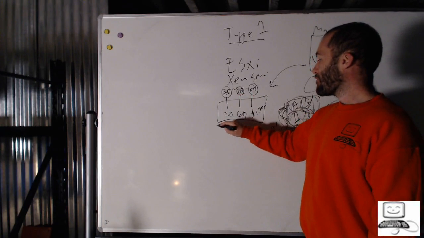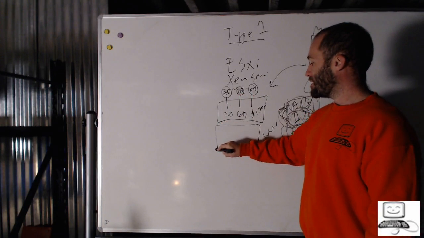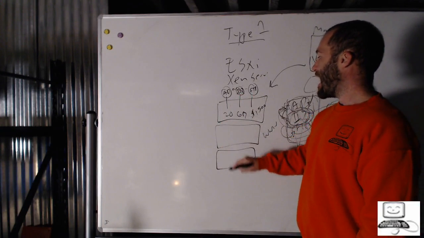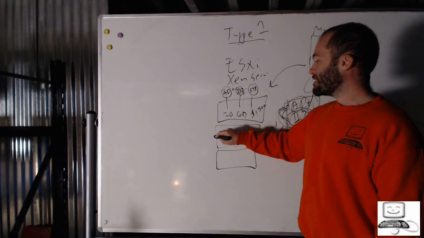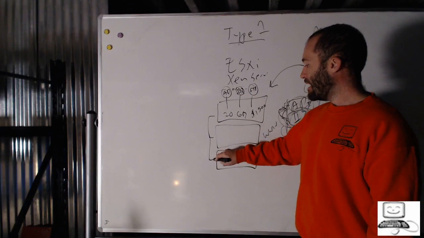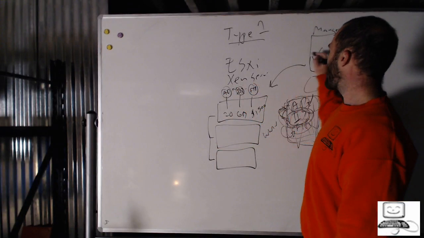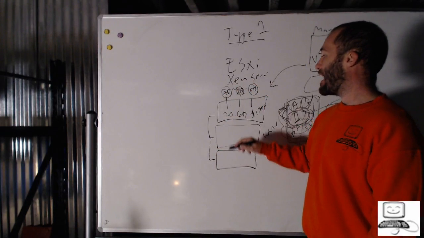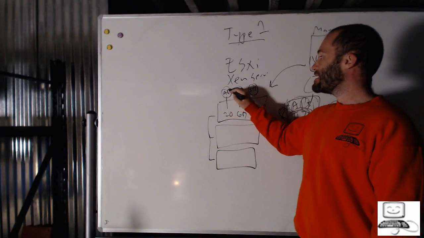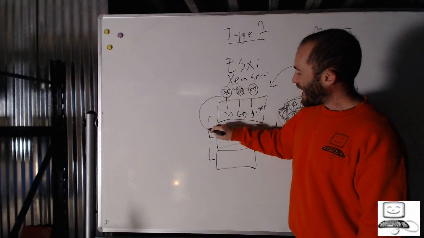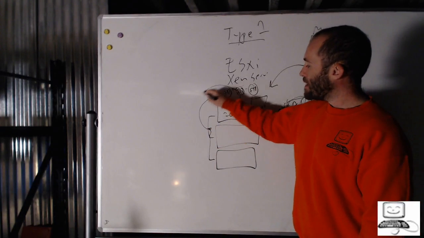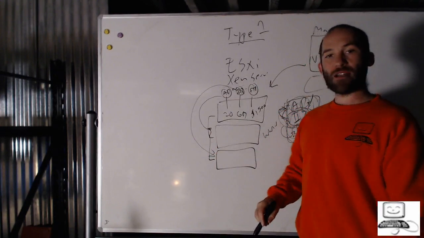Now, from a robustness standpoint, what you can do is you can then connect numerous physical servers and have them managed with vSphere or ESXi so that these instances of operating systems can be migrated at will or migrated automatically.